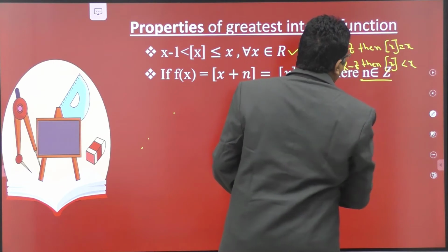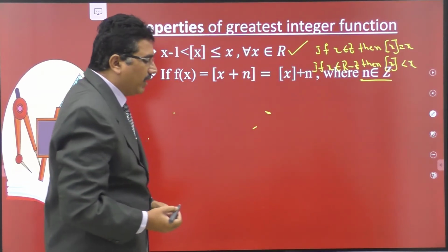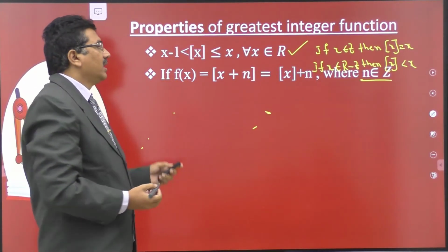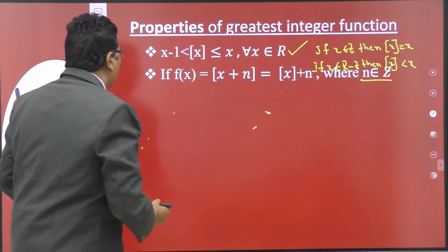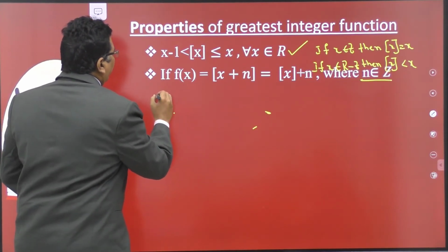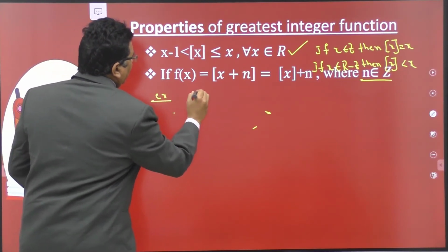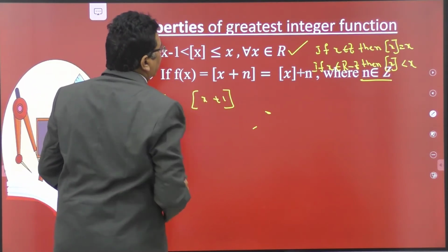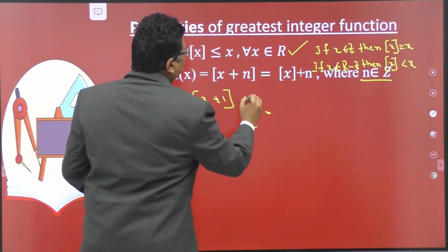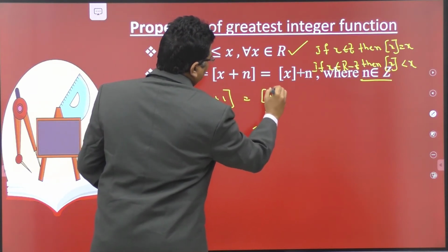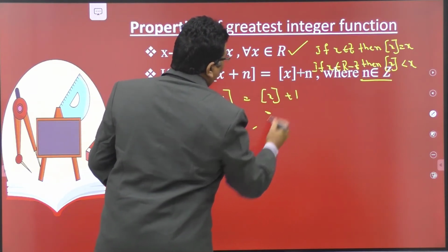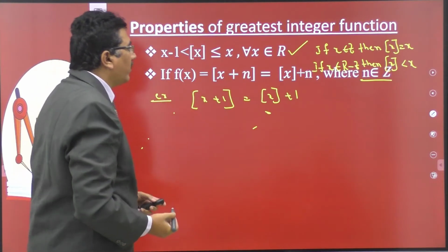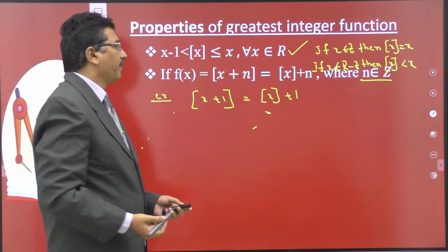See one example. Box of x plus 1 is equal to box x plus 1, since 1 is an integer.